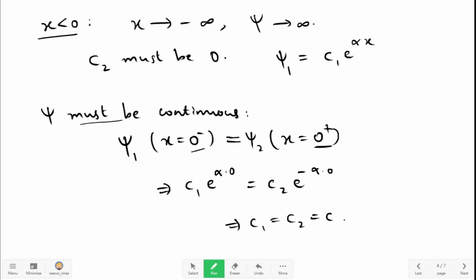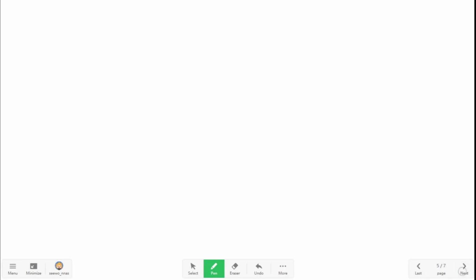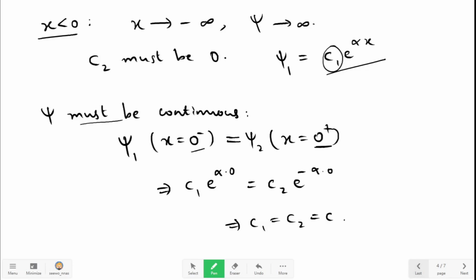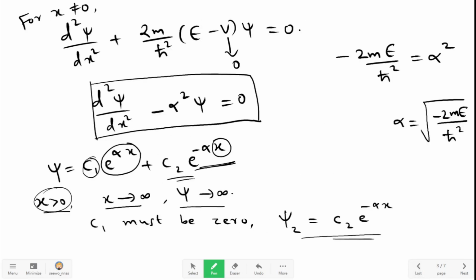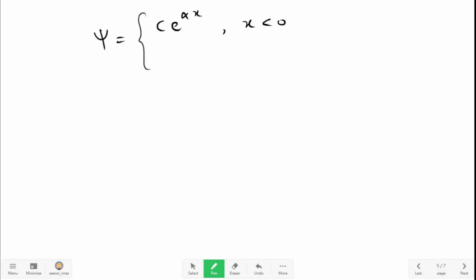Let's say this is C. Then the wave function becomes, for x less than 0, psi1 is C1 e raised to alpha x. Now we have found C1 is equal to C. So we can write psi is equal to C e raised to alpha x for x less than 0. And for x greater than 0, we have wave function C2 e raised to minus alpha x, and C2 is C. Therefore, this is C e raised to minus alpha x for x greater than 0.